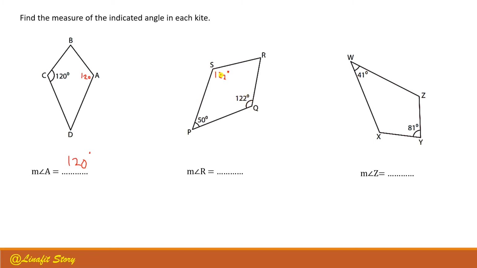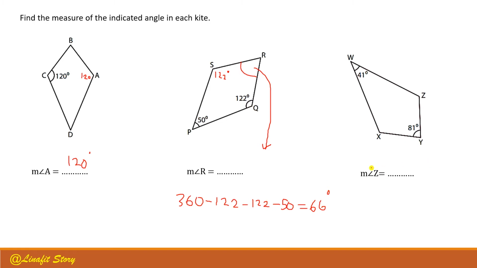The sum of angles of a quadrilateral is equal to 360 degrees. So to get R, it is equal to 360 minus 122 minus 122 minus 50, which is equal to 66 degrees.